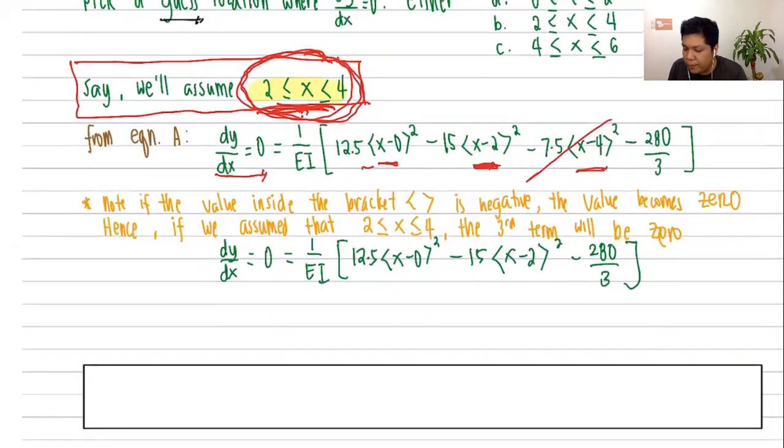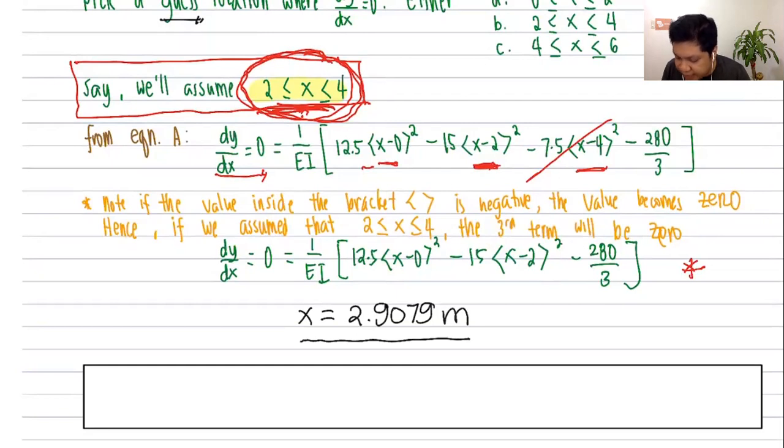Now, going back to this equation, I can now solve for the value of x. I'll wait for you. Get your calculators. You should get a value of x equal to 2.9079 meters. 2.9079 is indeed less than 4 meters and greater than 2 meters, as we initially assumed.